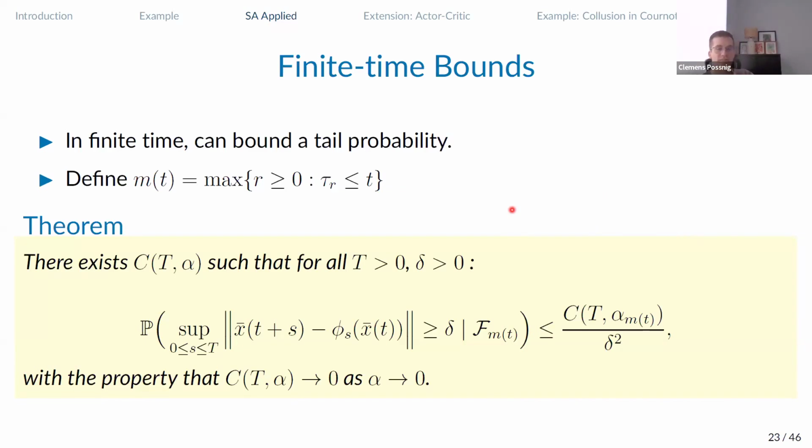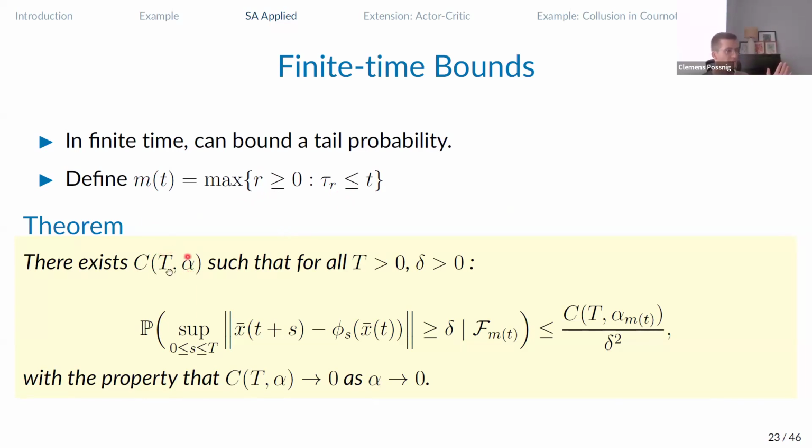In finite time, we can bound a tail probability, and specifically what we're going to need is this inversion. For any continuous time t, I'm going to write m of t as the algorithm's discrete time that has to accrue in order for the algorithm's continuous time to reach t. Once we have that defined, we can make the following statement.